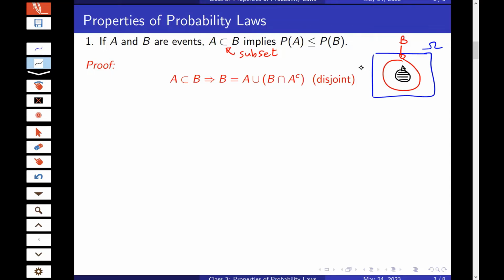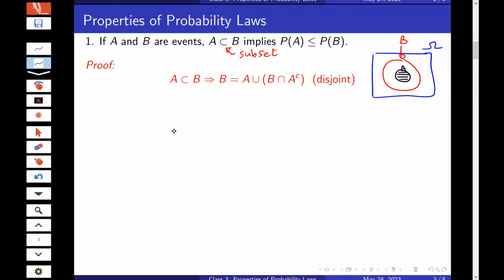Let's see how we can prove this one. These proofs have some format. The proof should start with two disjoint sets. All proofs we are going to discuss today will start with two or more disjoint sets, and then use the second property to break those probabilities.